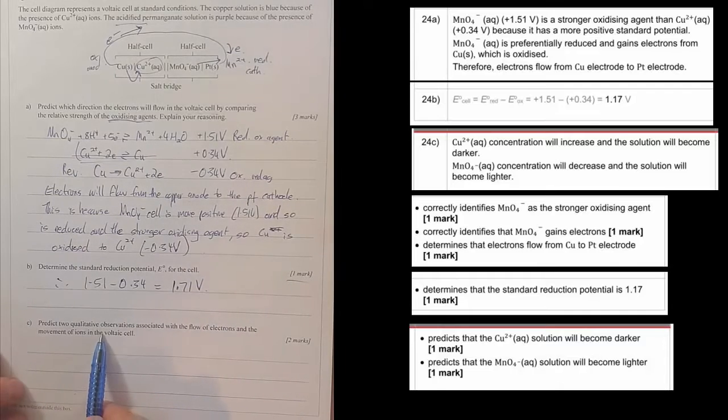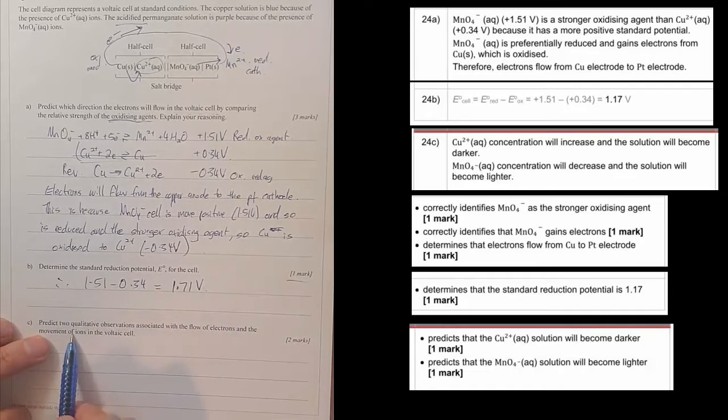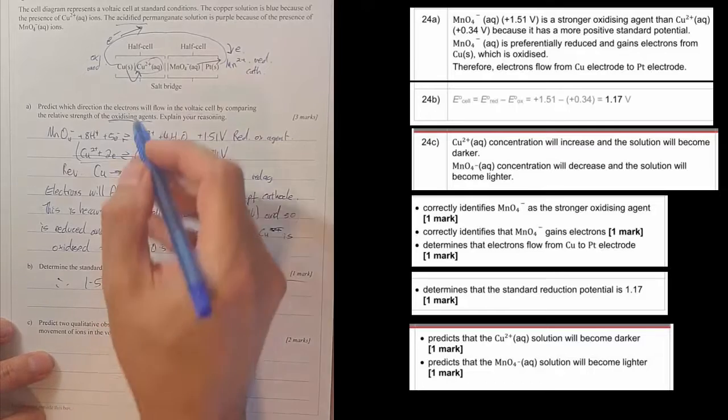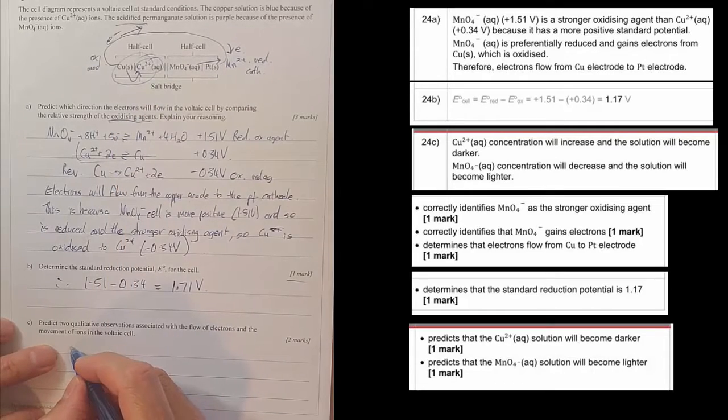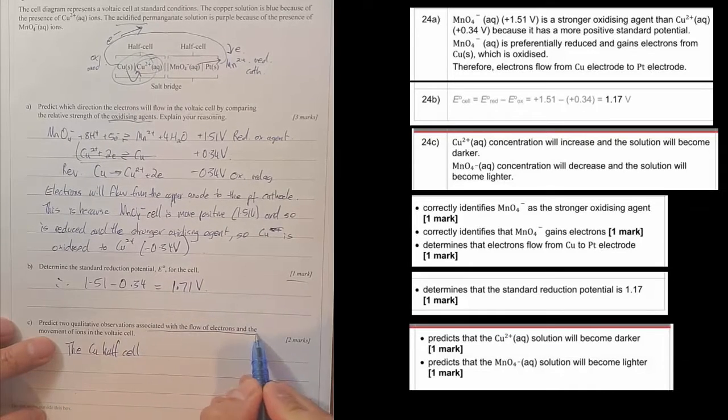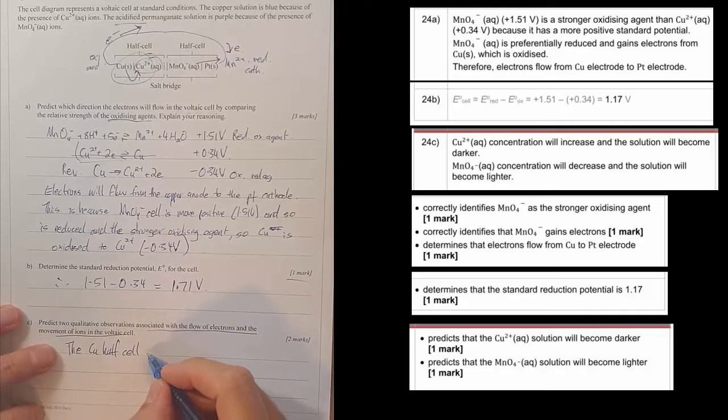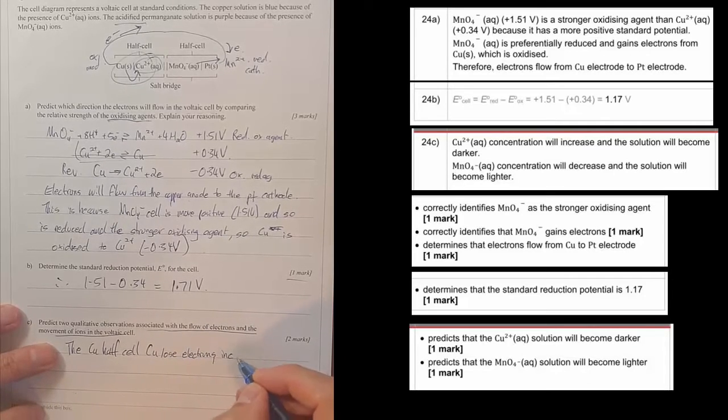All right, predict the two qualitative observations. So movement in the copper half cell shows with the flow of electrons and movement of ions. So copper will lose electrons, increase in Cu2 plus, therefore more blue.